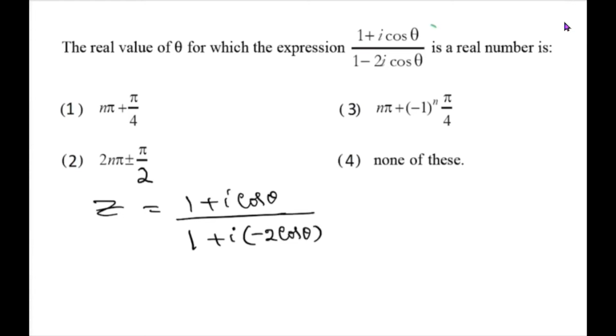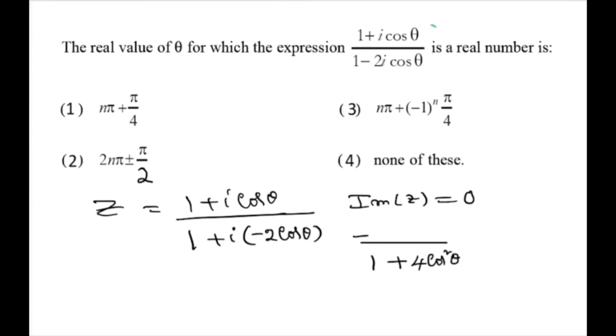If this complex number is a real number, then its imaginary part is 0. Imaginary part of z will be 0. What is imaginary part? In the denominator you get the sum of the squares of real and imaginary parts, that is 1 square plus (2 cos theta) whole square, 4 cos square theta.